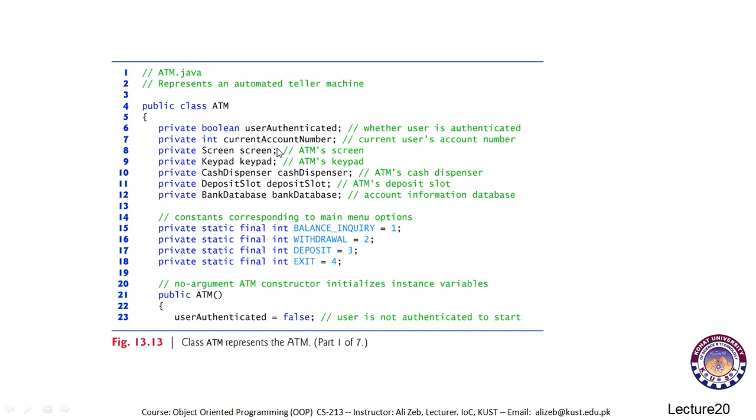As we can see, it also has the current account number, the account number of the user that is using the ATM machine. The ATM will have an object of the Screen class, since an ATM is supposed to have a screen, a keypad, a cash dispenser, a deposit slot, and access to the bank database.